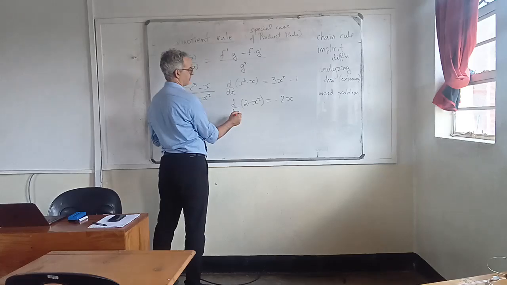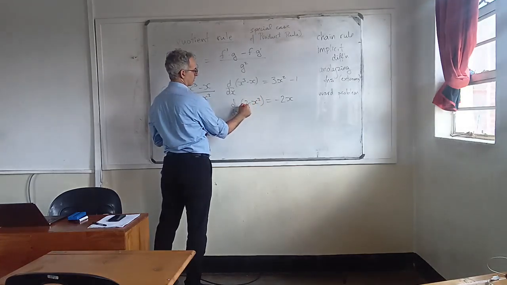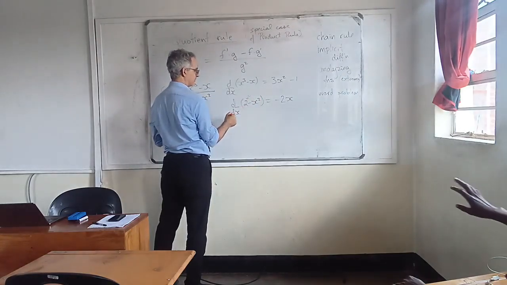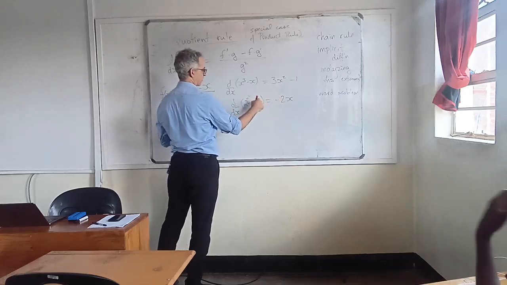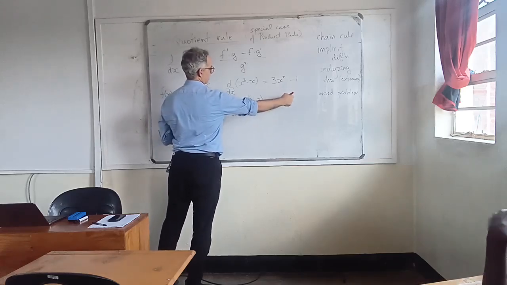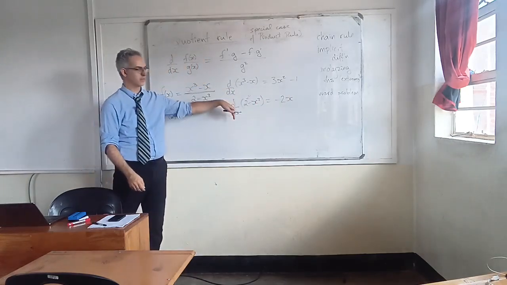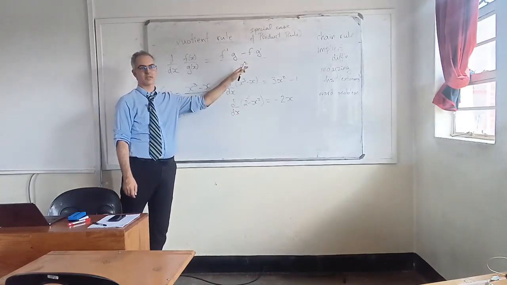The 2 is constant, so constant is 0. Yes, so that power should go. So minus 2 comes from that 2, and this remains 1. Very good. So we have our two derivatives. Yeah? Now we're ready to put all of this together.